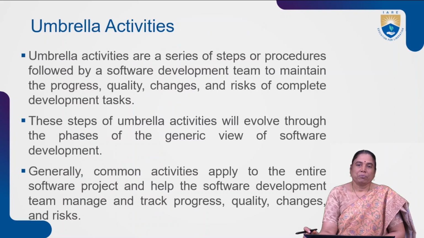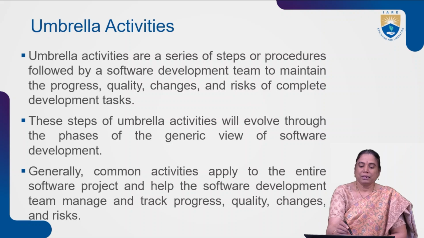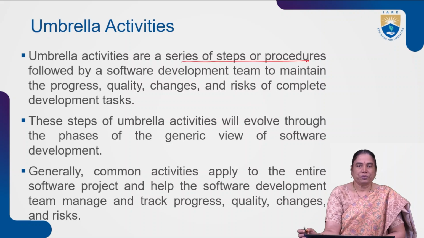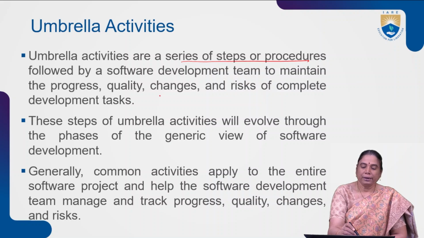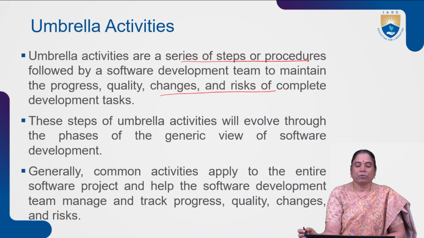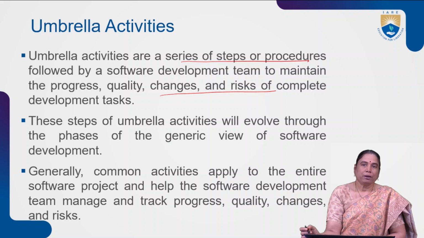After the major framework activities, those activities must be supported with a set of umbrella activities. The umbrella activities are a series of steps or procedures followed by a software development team to maintain progress, quality, changes, and risks of the complete development task.